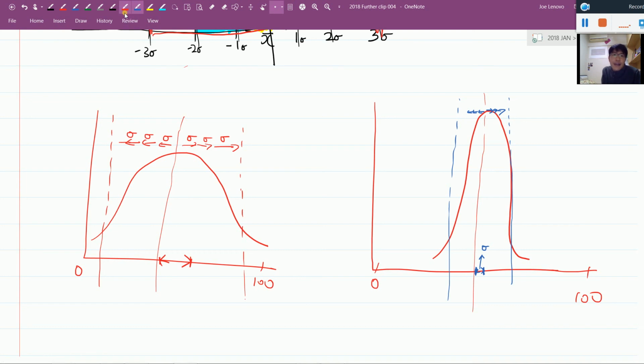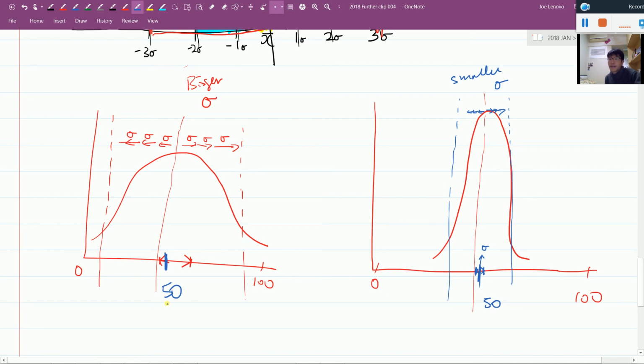You'll find that the red one has the bigger standard deviation, and the blue one has the smaller standard deviation. Makes sense? And both of them have exactly the same mean right in the middle, 50. The difference between them is the standard deviation.